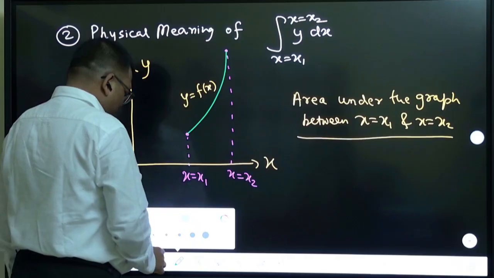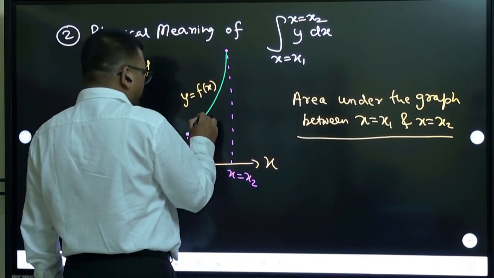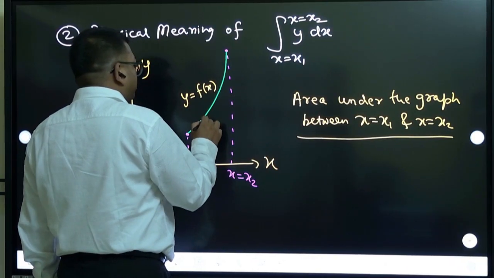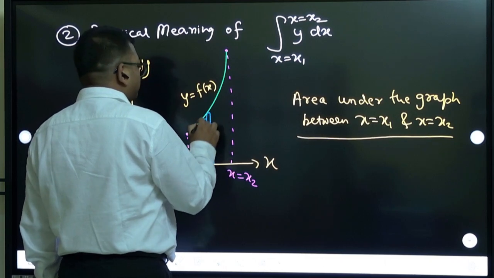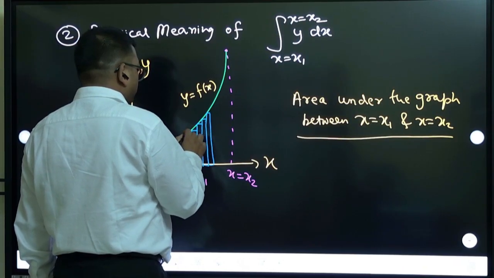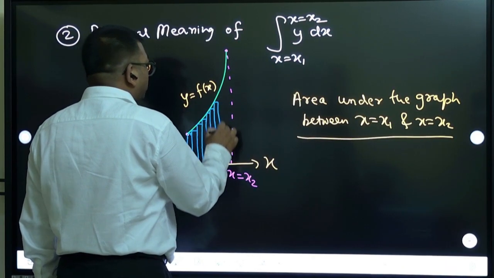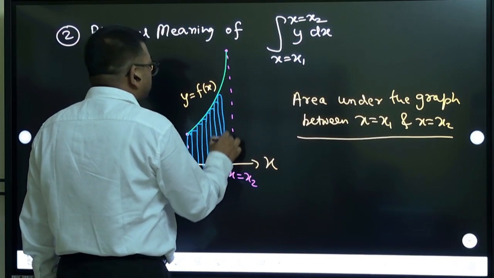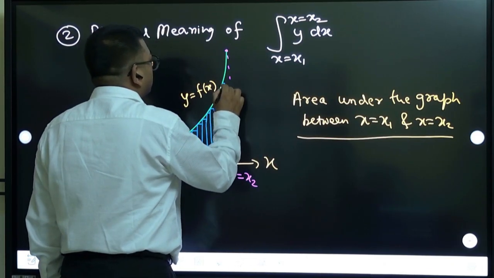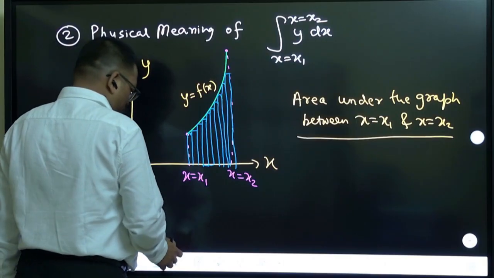So what we can do is try to break this into small strips like this. We keep on breaking it, but note that the width of each strip has to be kept the same. Some rough idea we will get from that.